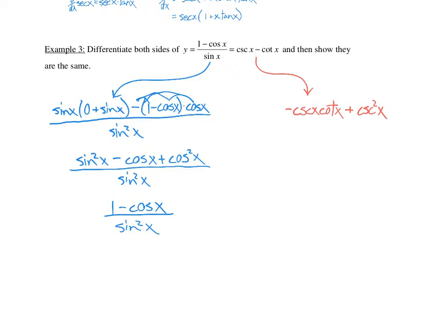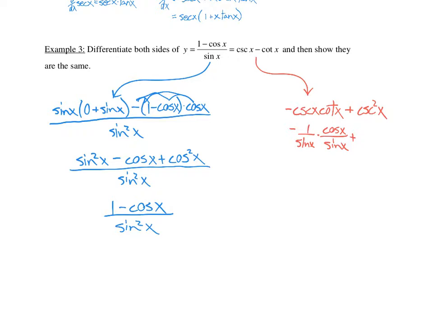So now my goal is to make the right and left hand sides here equal to each other. Which do you think would be easier to get? To keep going with this or to go to the other one? Go to the other one. Alright, let's try the other one. So this is going to be a negative 1 over sine times, what's cotangent? Cosine over sine.